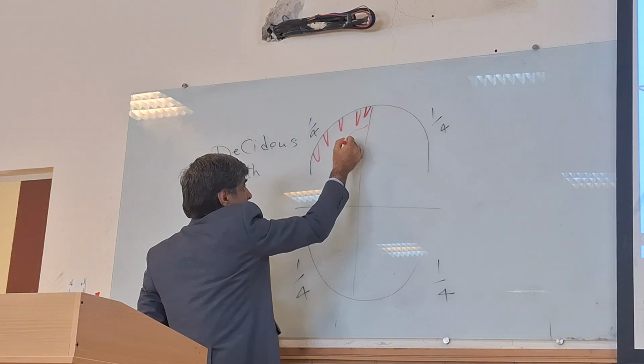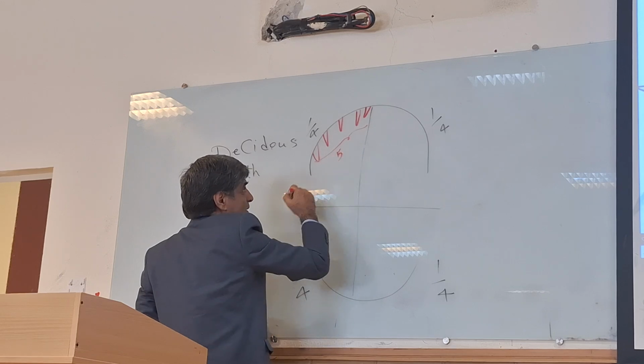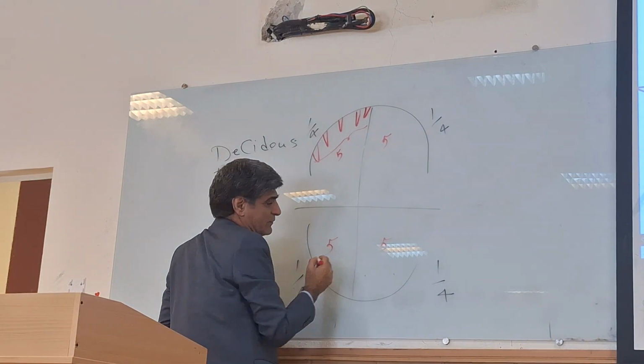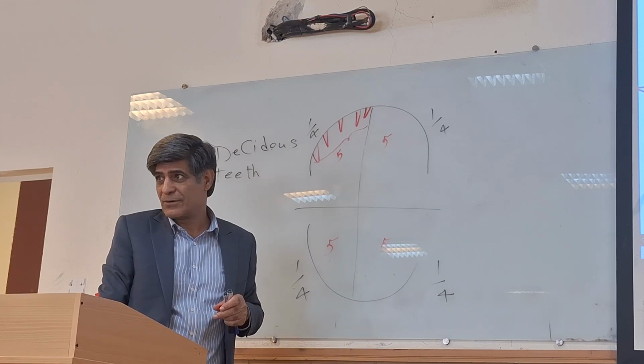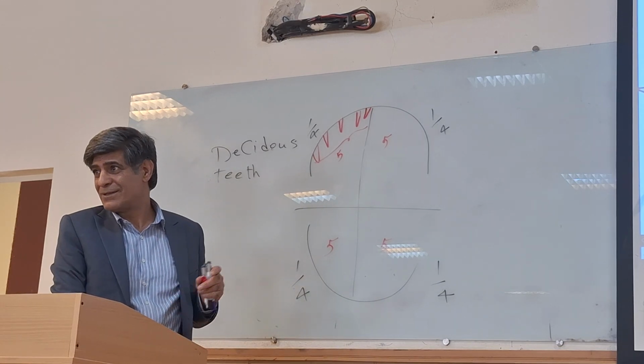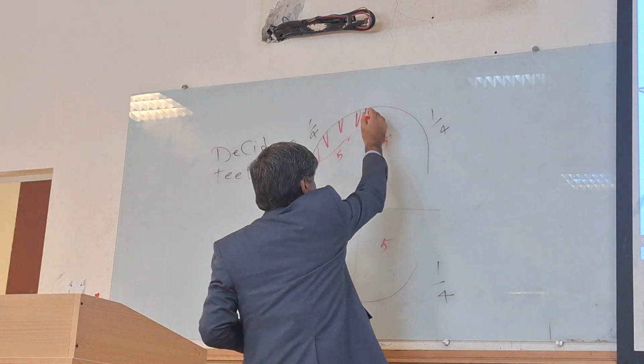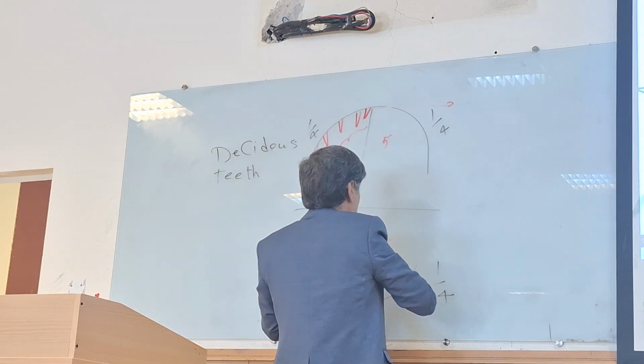Five in each quadrant, and five, and five, and five, the same. All of the deciduous teeth are 20.